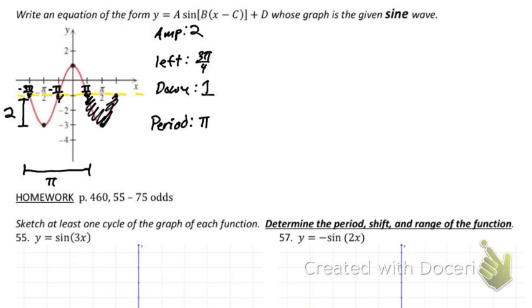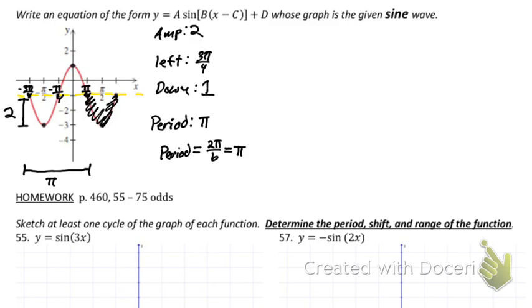But we can't put pi in for B, because B comes from 2 pi over B. So remember the formula: period equals 2 pi over B. In this case, the period is pi. Yes? B is going to be equal to 2.